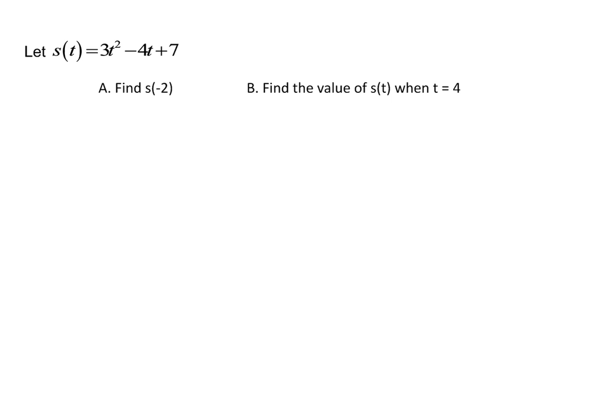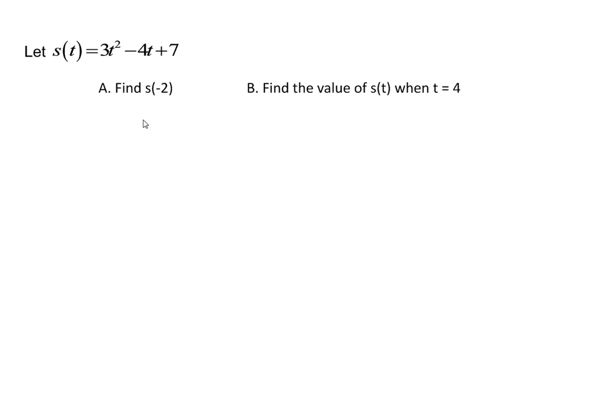Let's try one more. This one looks a little bit more complex, and there's a couple of different things we can say about how we evaluate a function. Let's try s of t this time, which is 3t squared minus 4t plus 7. In this case, we're replacing an x with the letter t, but the same thing applies.